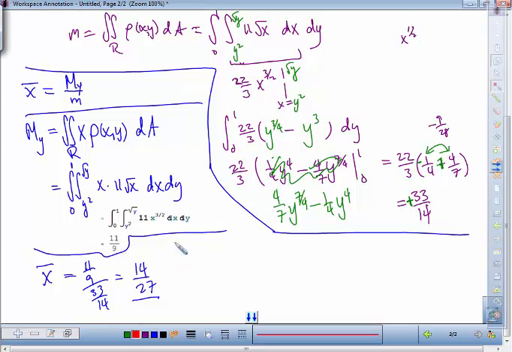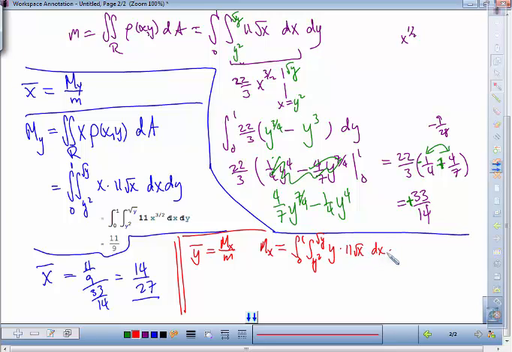So let's find Y with the help of Mathematica again. So Y bar is equal to the moment in X over the mass, where the moment in X is equal to this double integral from 0 to 1, from Y squared to square root of Y. This time it's Y times 11 square root of X dx dy.